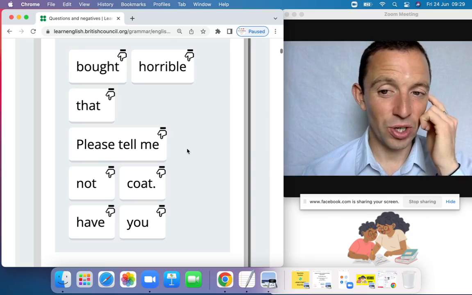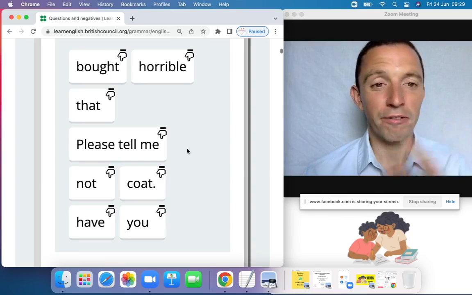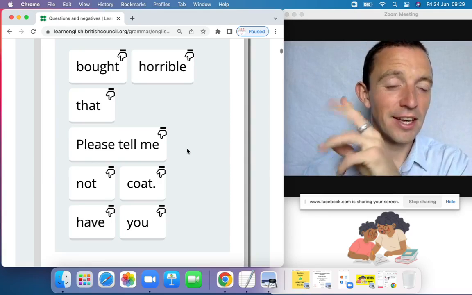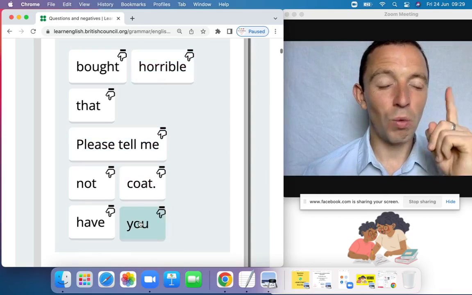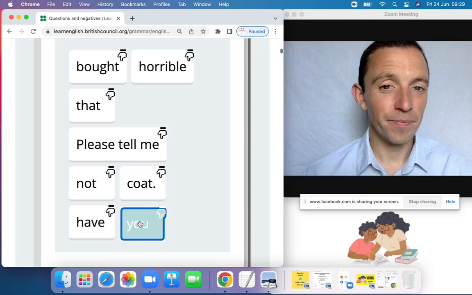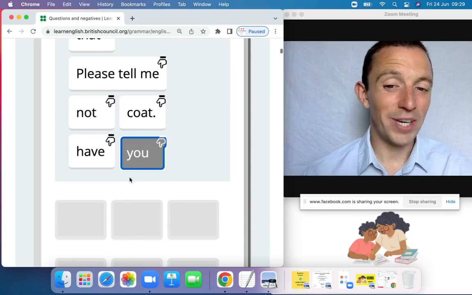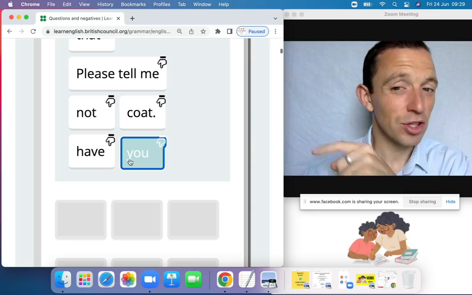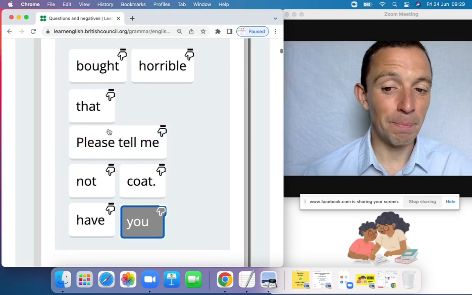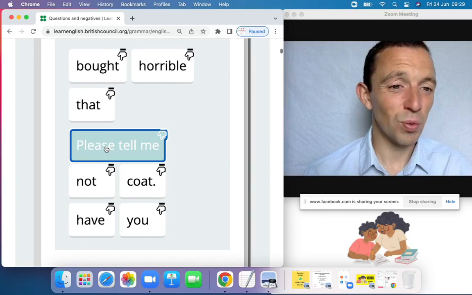And also we need to look for the same structure: subject, verbs, objects. So the subject is only one, you. Okay, you. So it's not the capital letter. So therefore, it's not the first word. The capital letter is please. So this is the first word.